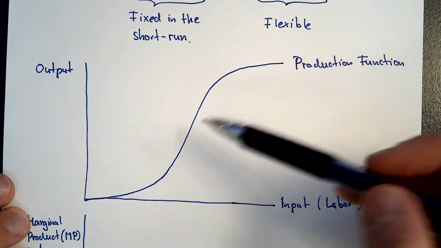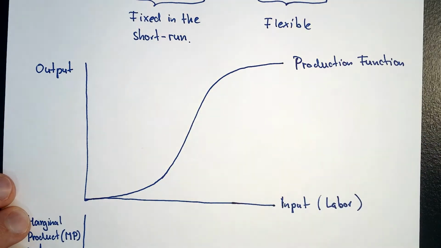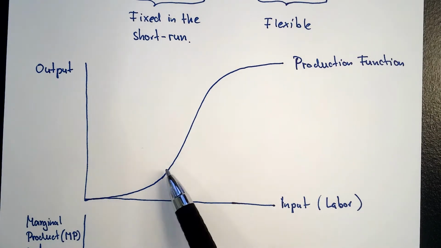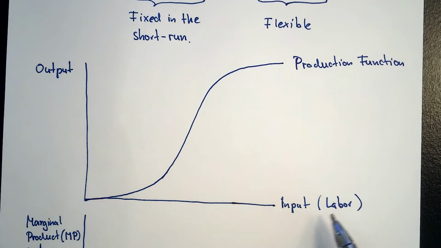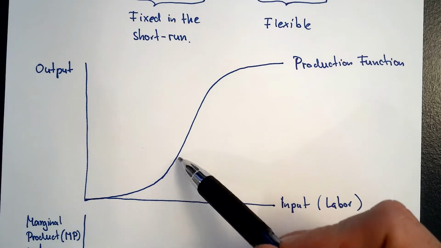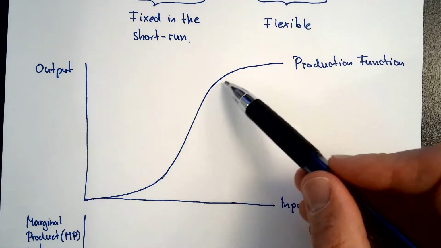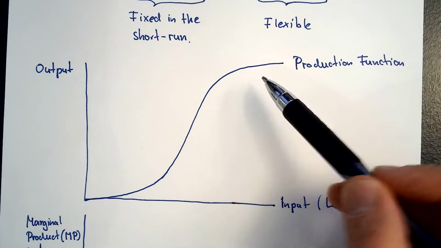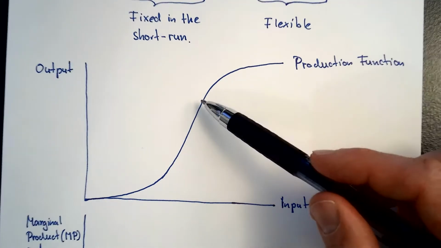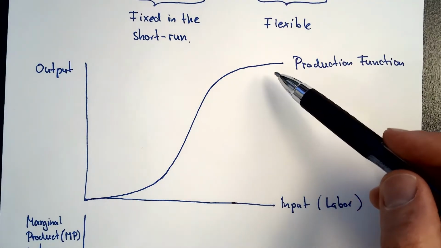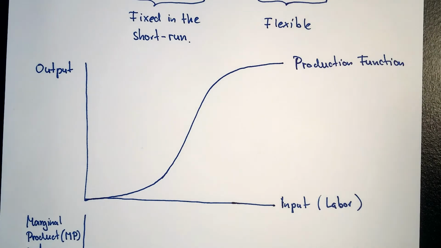Now, what this means is the following. In this part, if you are increasing your labor, then you have a more than proportional increase in your output. Whereas for decreasing returns to scale, you have less than proportional increase in output.